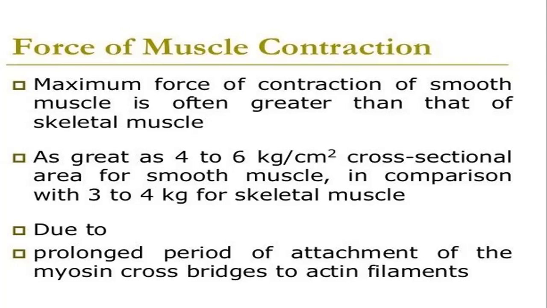Fatigue of smooth muscle does not usually occur unless the cell is deprived of oxygen. Aerobic glycolysis with lactic acid production normally supports the membrane ion pump even when oxygen is plentiful.